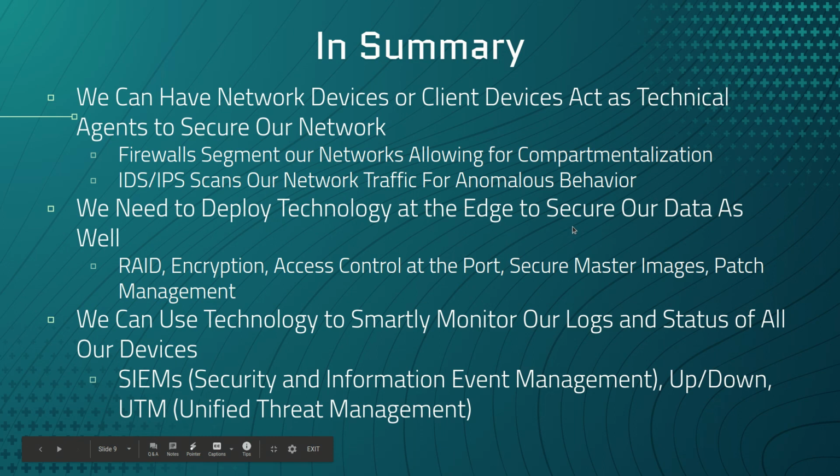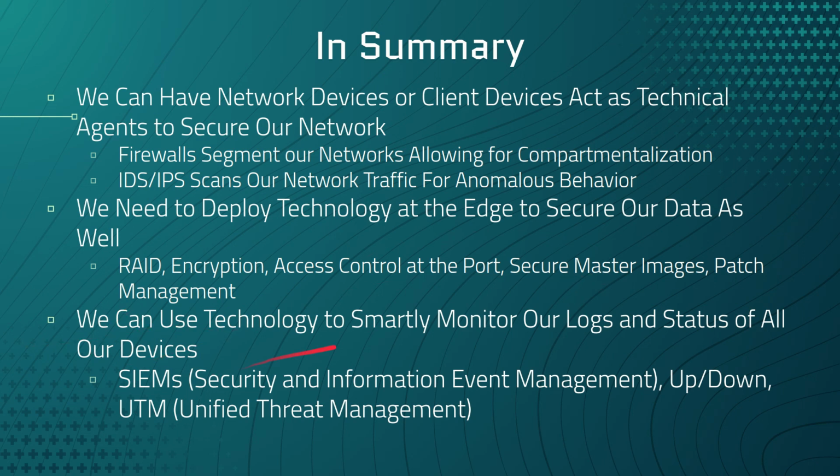All right, so we can have network devices or client devices act as technical agents to secure our network. Firewalls segment our networks, allowing for compartmentalization. IDS/IPS scans our network traffic for anomalous behavior. We need to deploy technology at the edge to secure our data as well. RAID, encryption, access control at the port, secure master images, patch management.